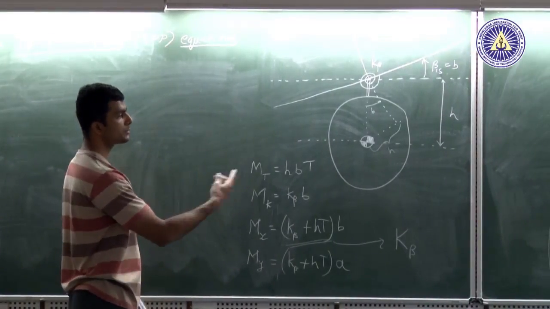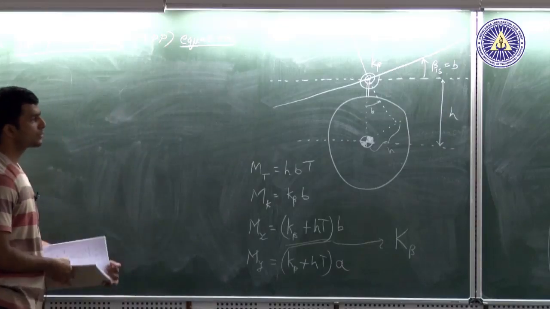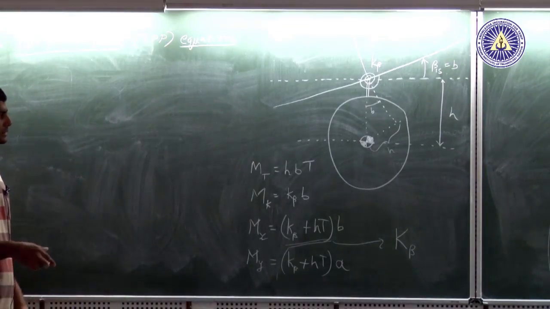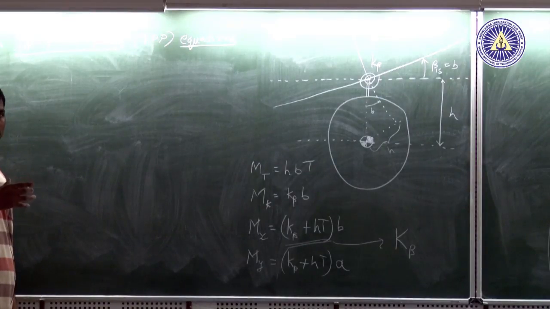What about the moment about the z axis? For small scale helicopters, that can be approximated as a first order system, not just because of the rotor, but also because of the servo dynamics.